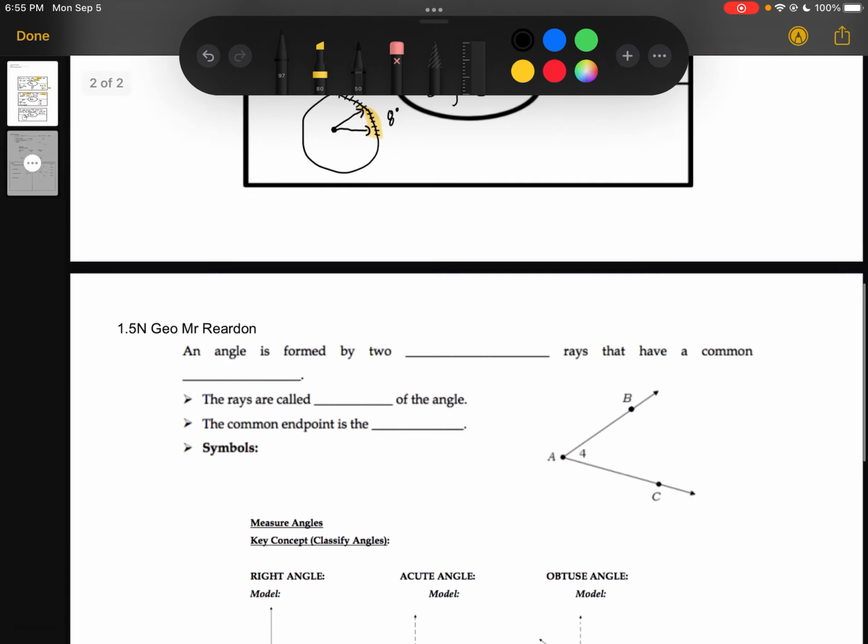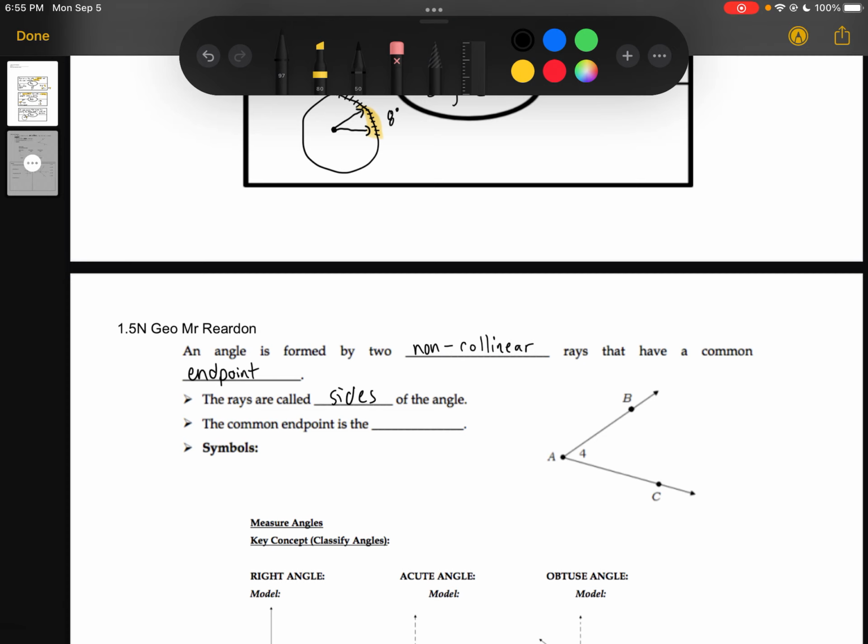So there's a lot that we can get from degrees of an angle, and some other definitions to keep going with. So the first thing is some steps to remember. An angle is formed by two non-collinear rays that have a common endpoint.